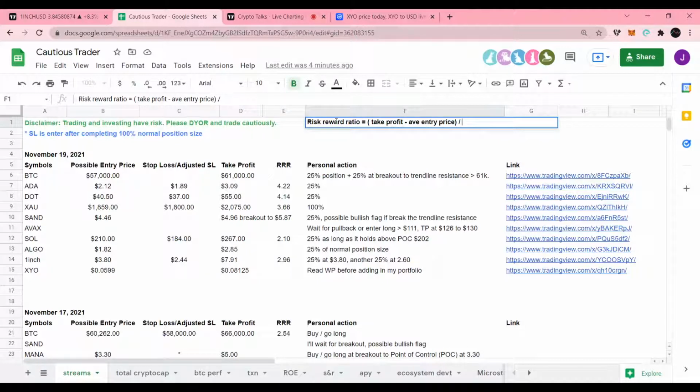There should have been a parenthesis there. Your average entry price less stop loss. So that's in dollars.